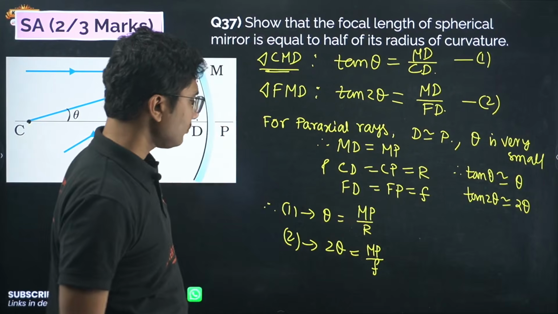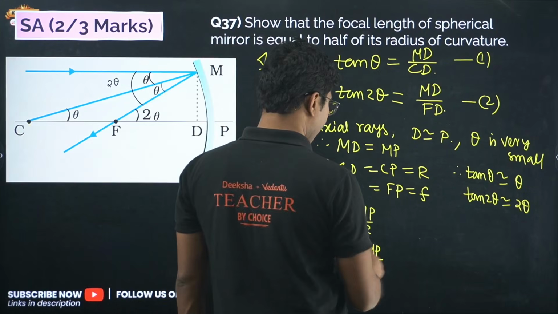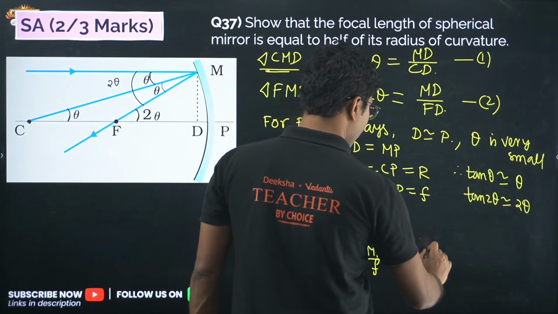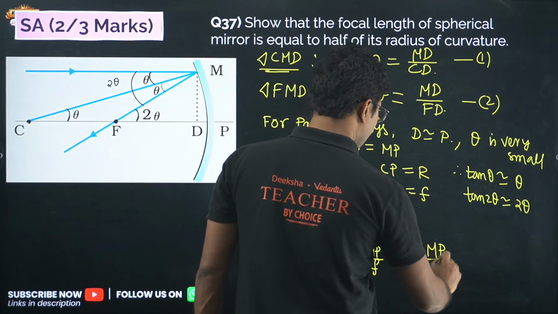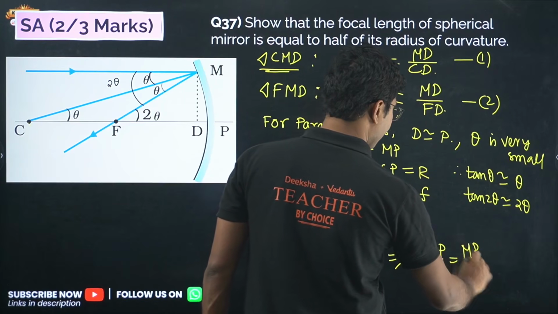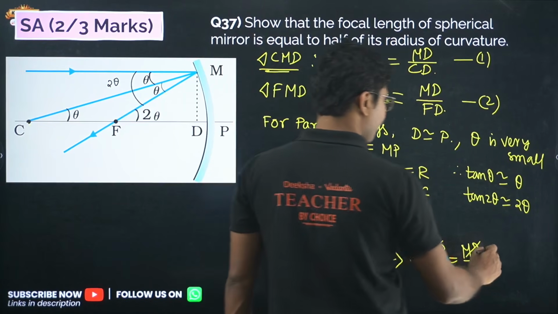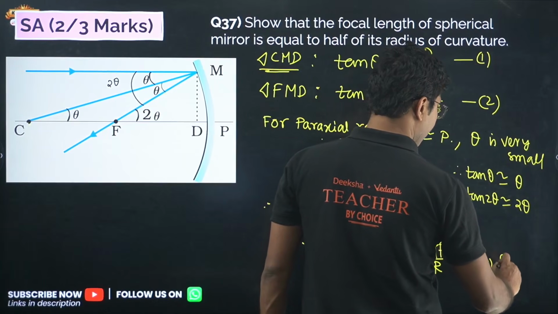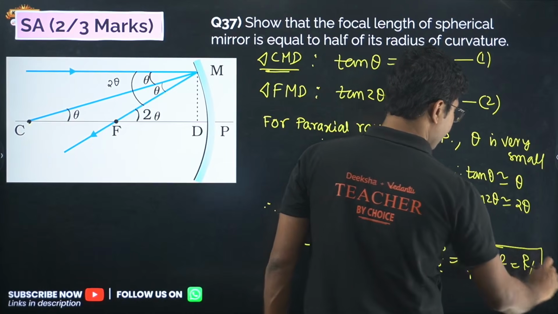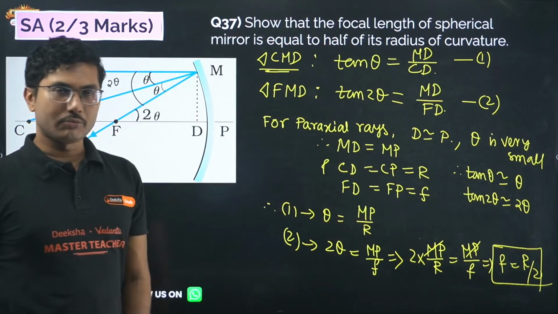Putting theta from this equation, we can write 2 into MP by R equals MP by f. So MP cancels, and we can write f equals R by 2. Just take the inverse, the reciprocal, on both sides.